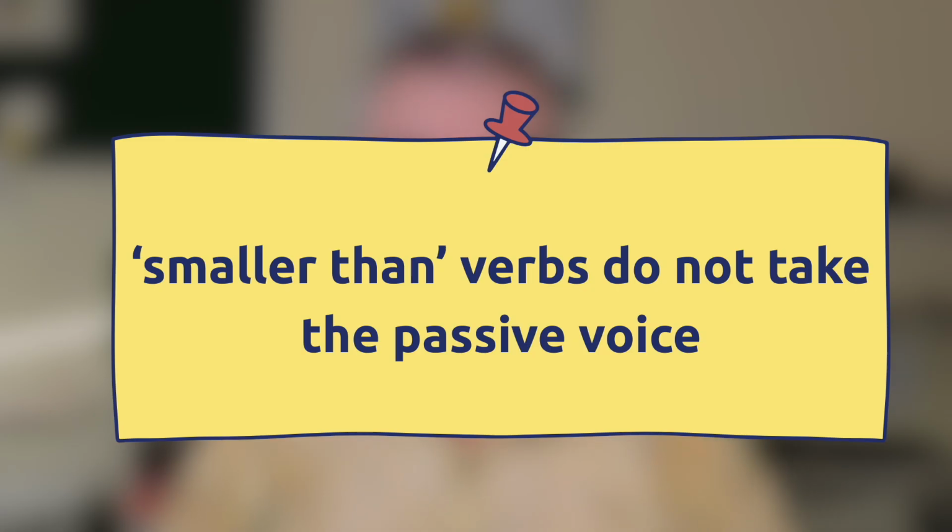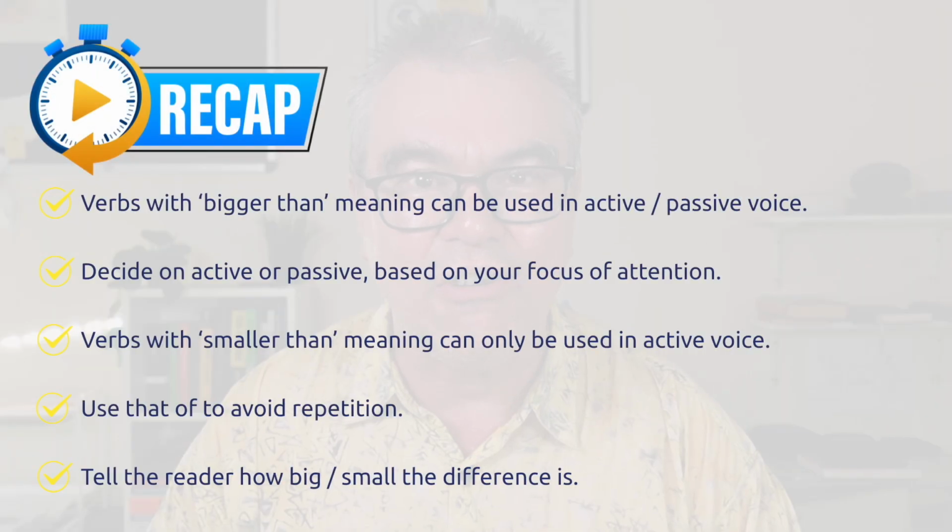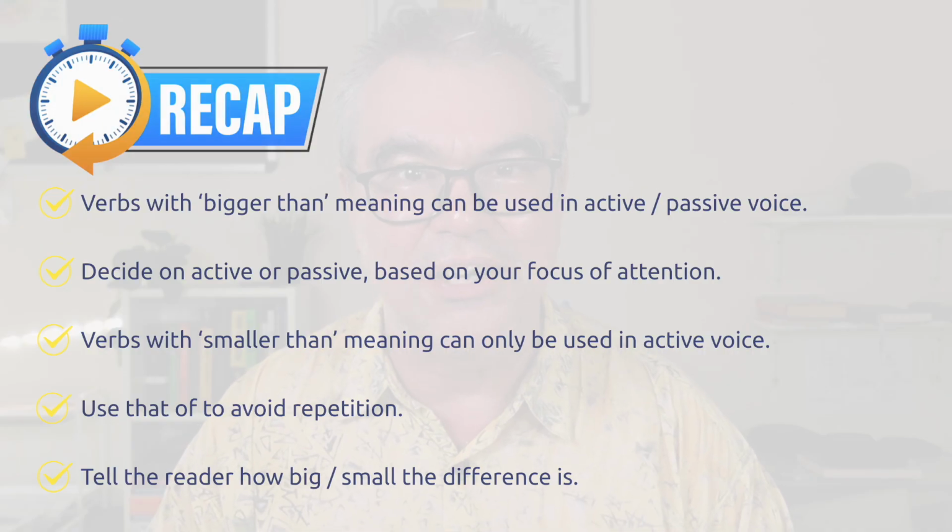So be very clear about the kind of comparison information that you need to communicate to the examiner. If you're writing sentences where you're saying X is smaller than Y, then you do not need to use the passive voice and just stay in the active voice. And then the other tip is to use that of and avoid repetition. And finally, identify whether we have a big or a small difference using adverbs.